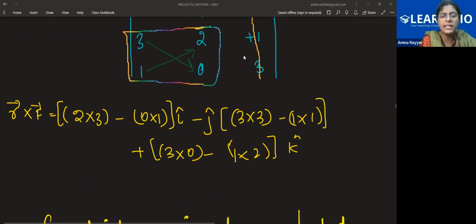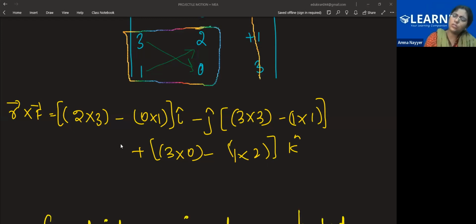Should it be minus if it's 0? Where? Ma'am, like the J cap is 0, right? So it should be minus only if the constant is 0. No, ma'am, J cap. For minus for the K cap part.